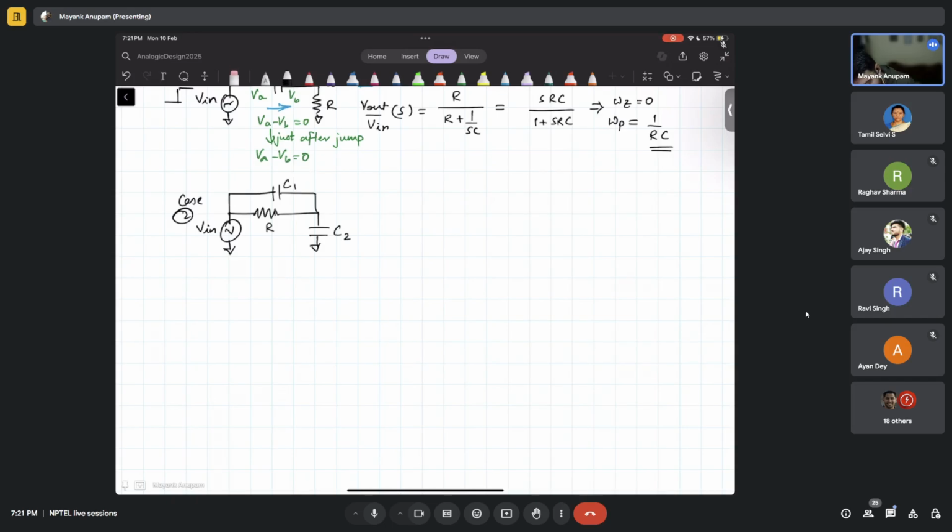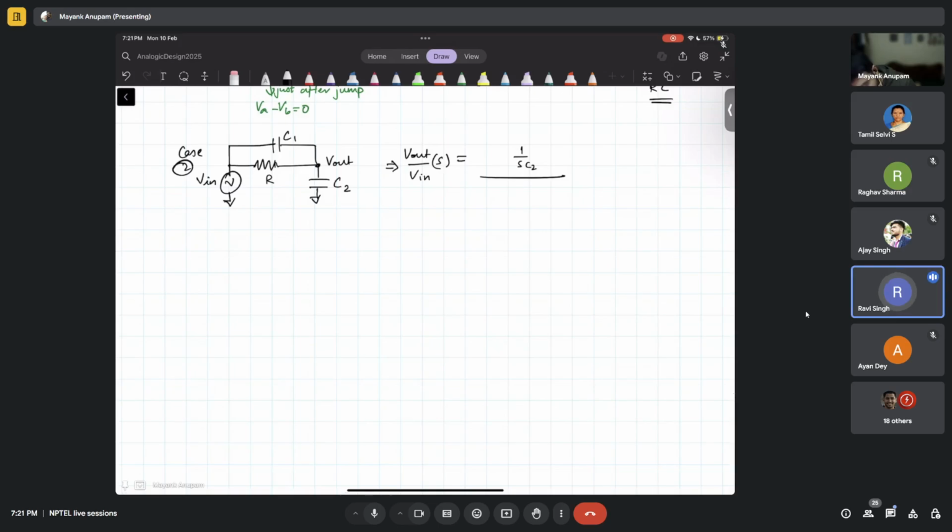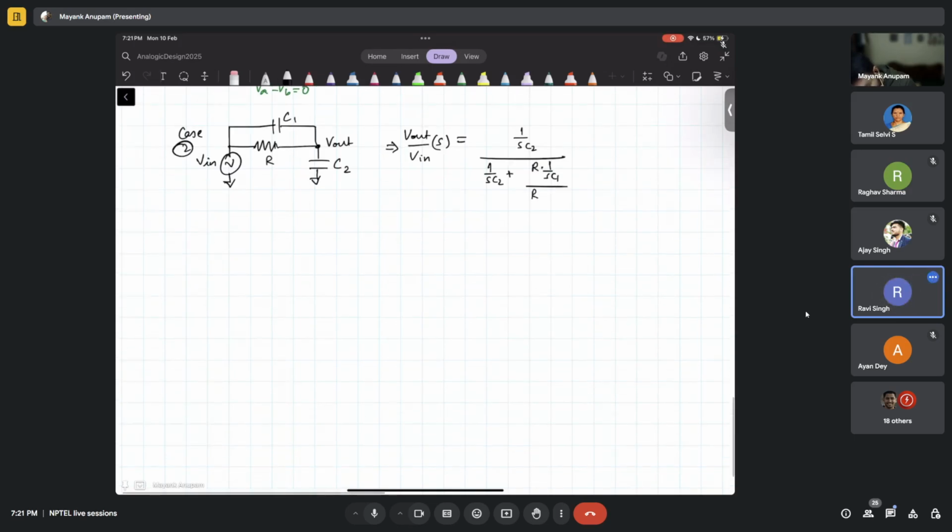How will the transfer function look like? 1 by SC2 divided by 1 by SC2 plus R parallel 1 by SC1. Correct. Yes.